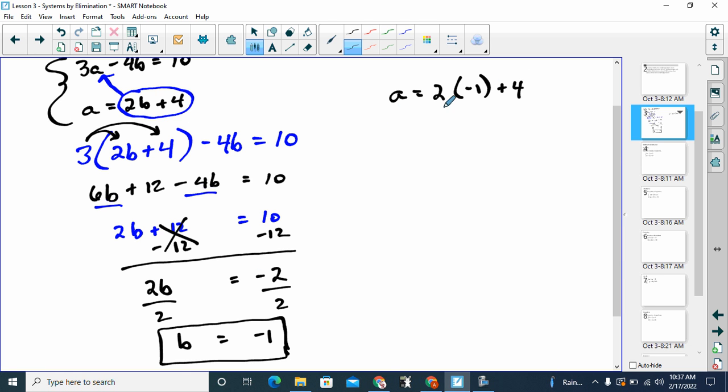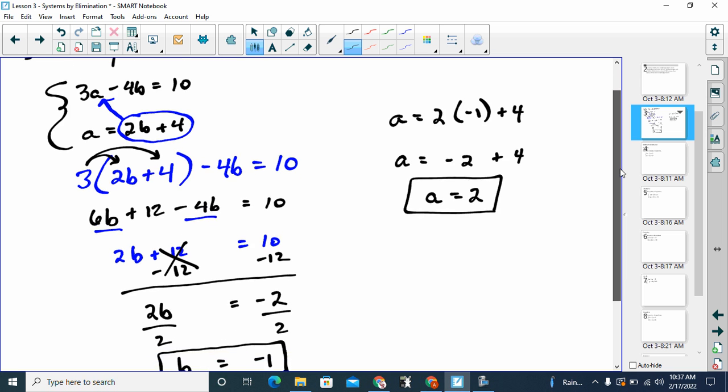I put negative 1 in for my b. Order of operations, we multiply and then add. So I'm going to do 2 times negative 1. Negative 2 plus 4 gives me a equals 2. That is my solution. A equals 2, b equals negative 1. If I plug a and b into both equations, it's going to make both equations true.